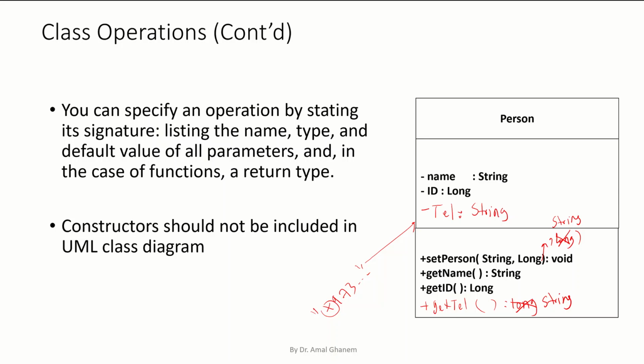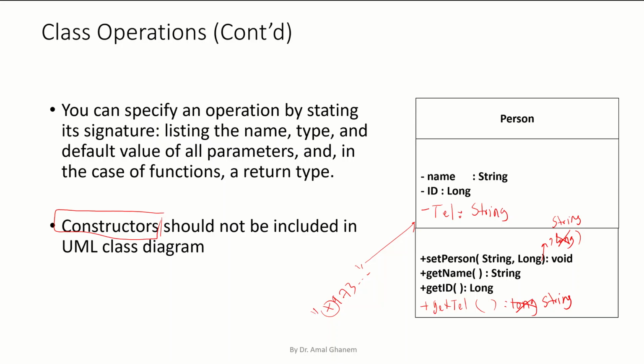One important note that we always have to remember is that we should not include constructors within the UML class diagram. If you do recall, constructors are special methods. They are defined and they have the same name as the class name. The main job of constructors is to initialize the attributes whenever we create a new object.